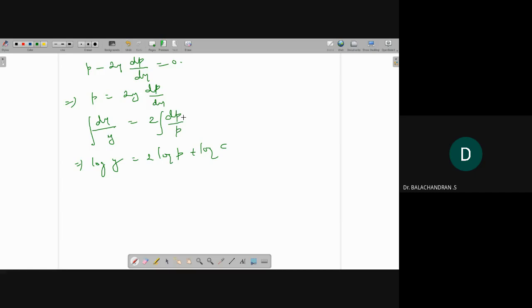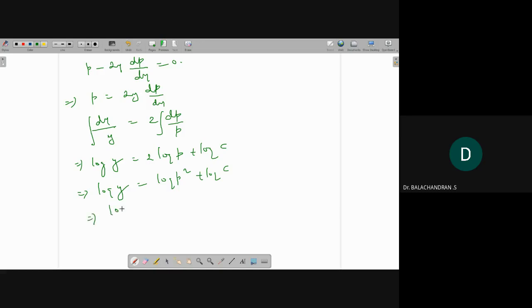Usually I keep log p here, but this 1 by 2 I'll keep here. You can do any method. So log y equal to log p square plus log c.